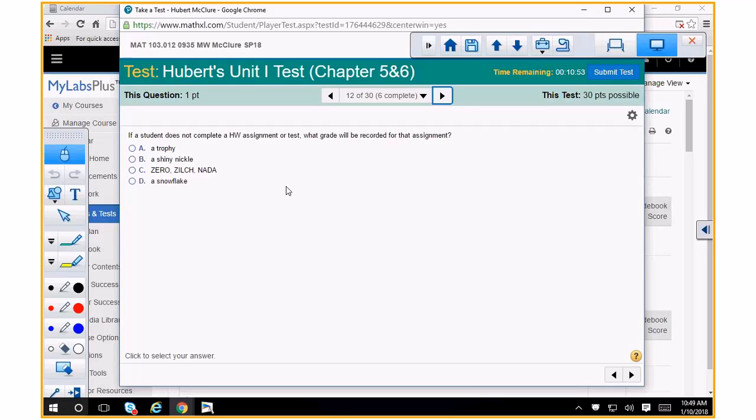If I assign 5.1, 5.2, and 5.3, and you don't do them, what's going to be put in there?